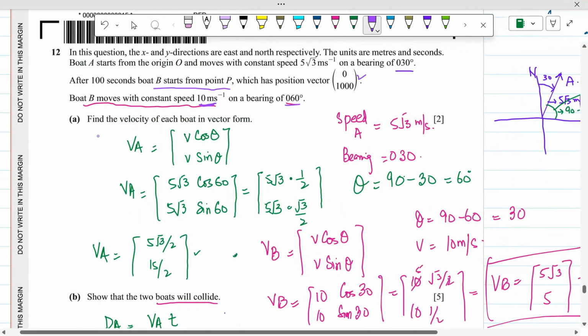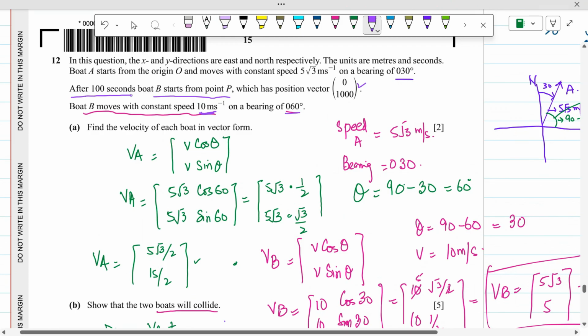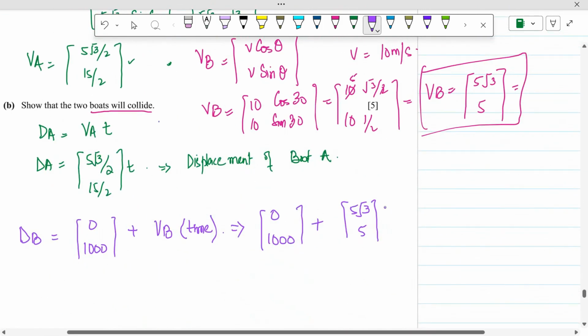It is given that boat B starts after 100 seconds, so the time will be t minus 100.